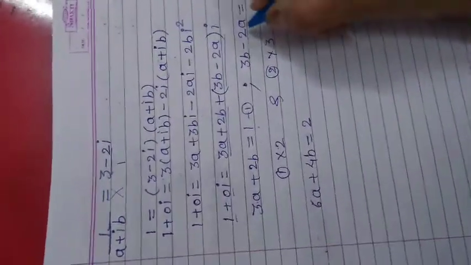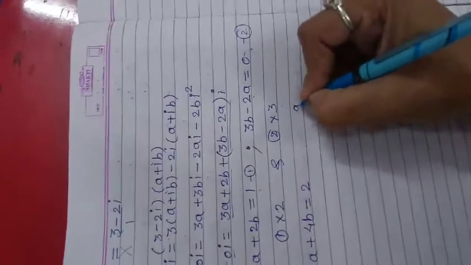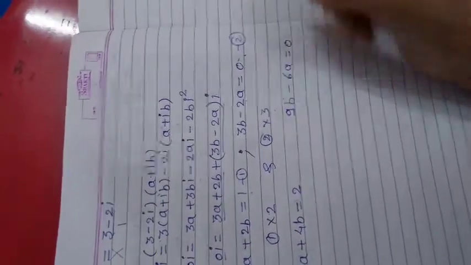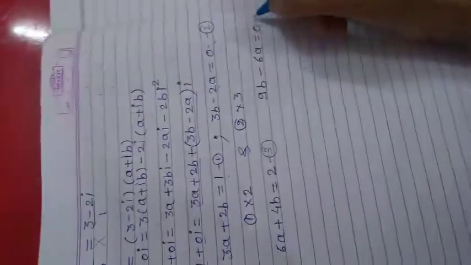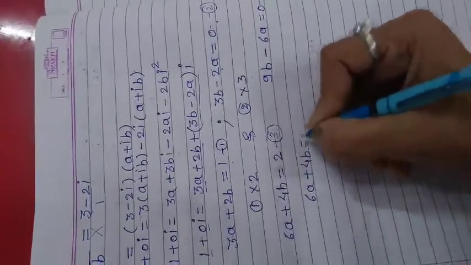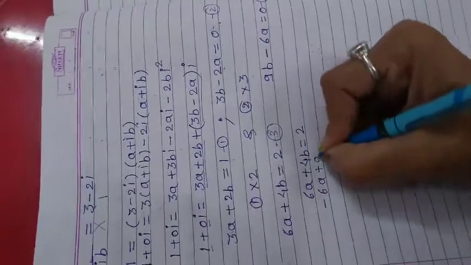Now below that, equation 2 multiply by 3. So this is 9b minus 6a is equal to 0. Now this is equation number 3 and equation number 4. So 6a plus 4b is equal to 2. Below that we will write minus 6a plus 9b is equal to 0.